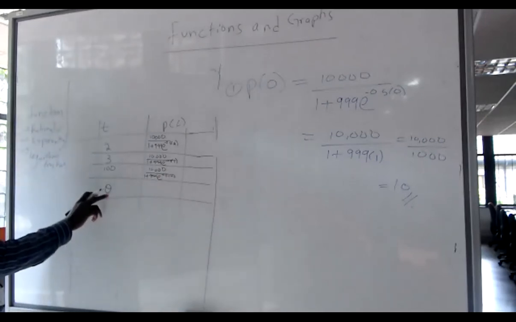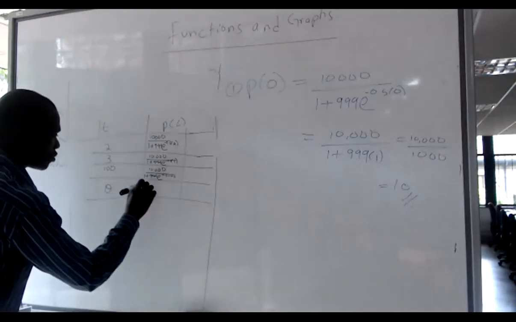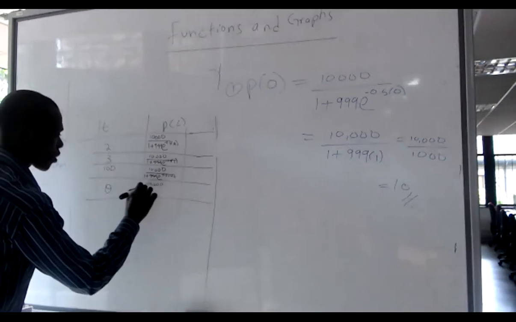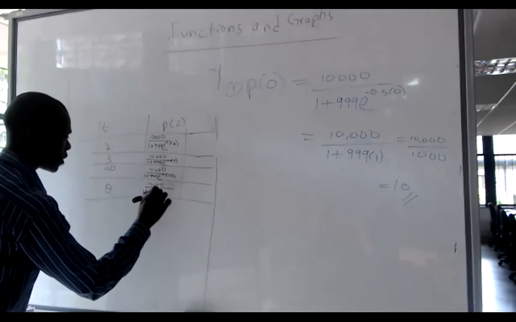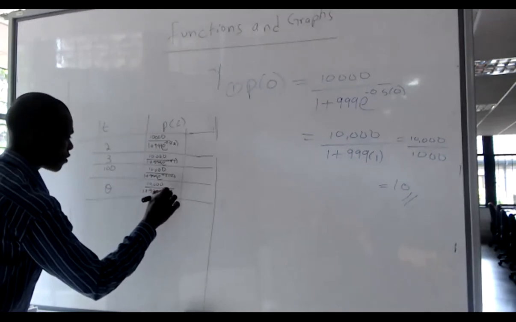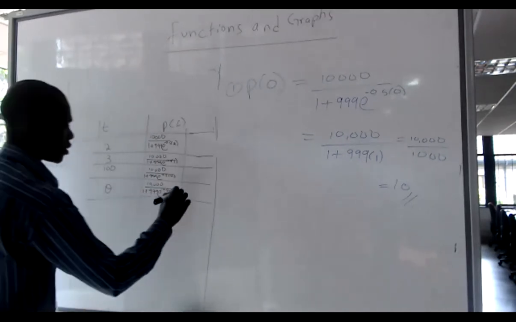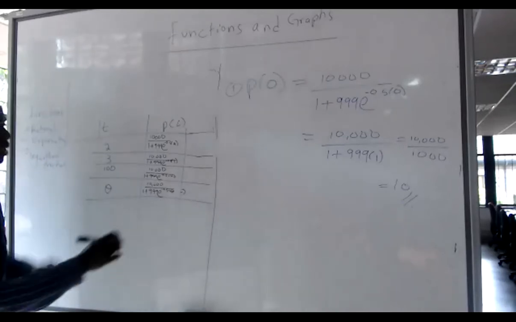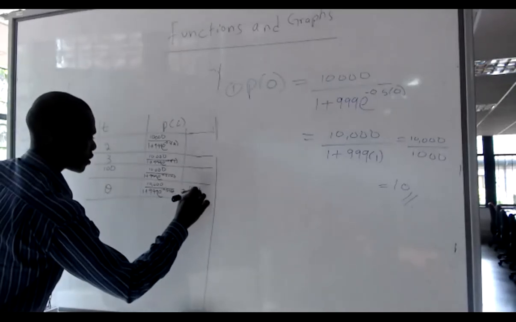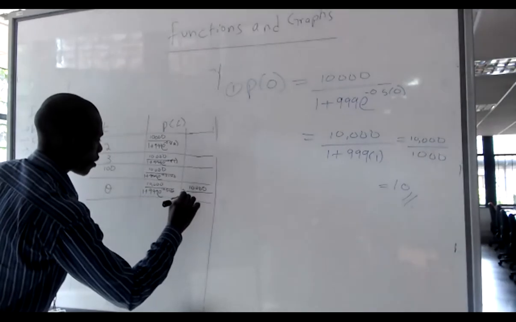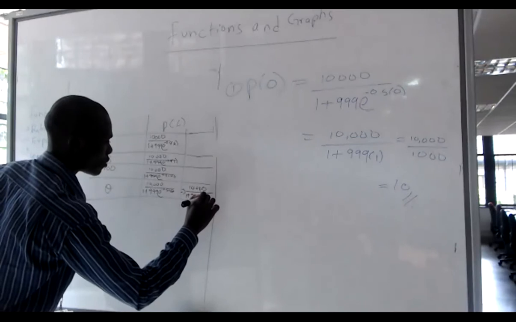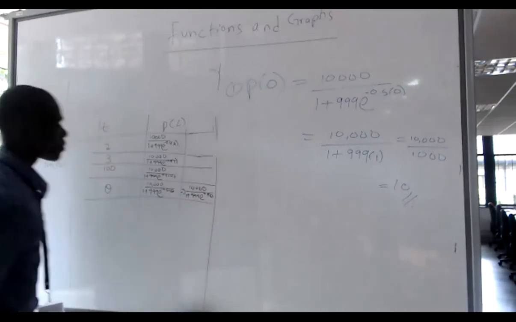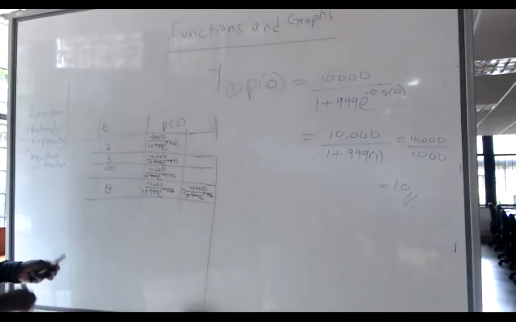Same for theta. Theta is any number. So that should be 10,000 divided by 1 plus 999 exponent negative 0.5 times theta. You cannot simplify it any further. But the first 3, we can at least give approximations.